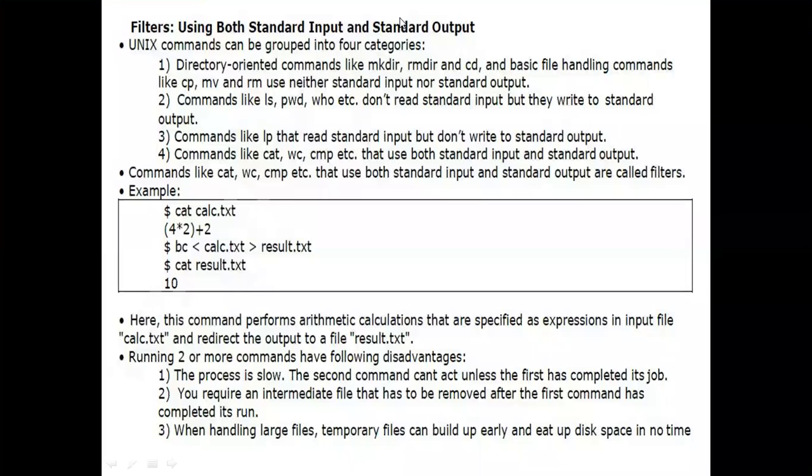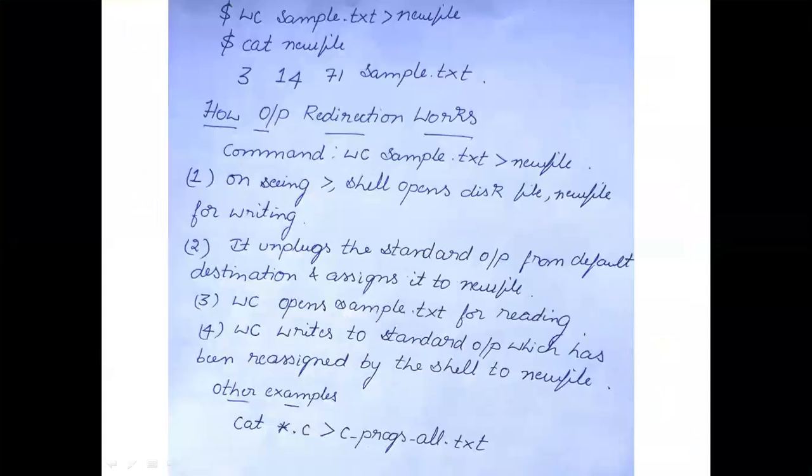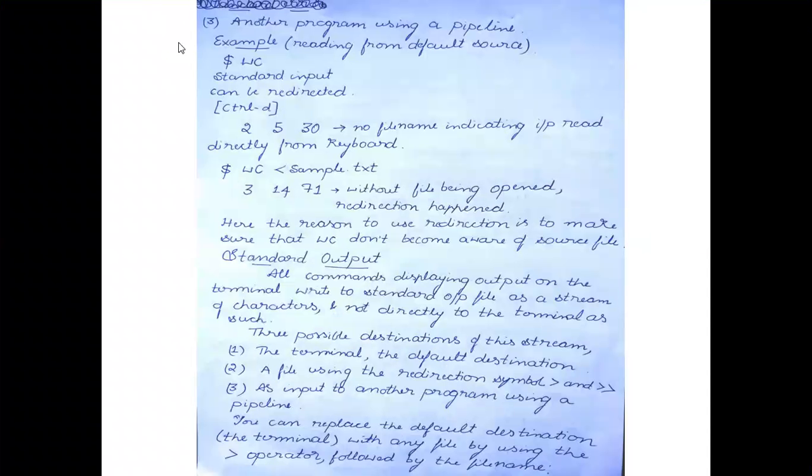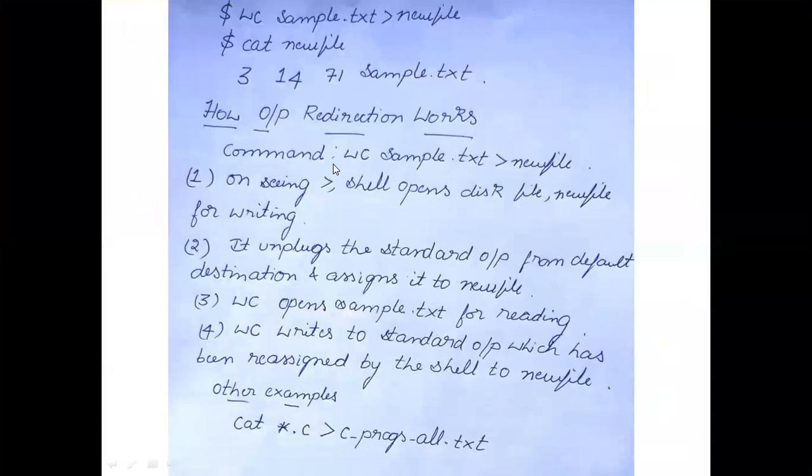Next, commands like lp read standard input but don't write to standard output. So the lp command will use standard input but it won't use standard output. But there are some commands which will make use of both standard input and standard output. As we saw, the wc command is used for standard input as well as for standard output.